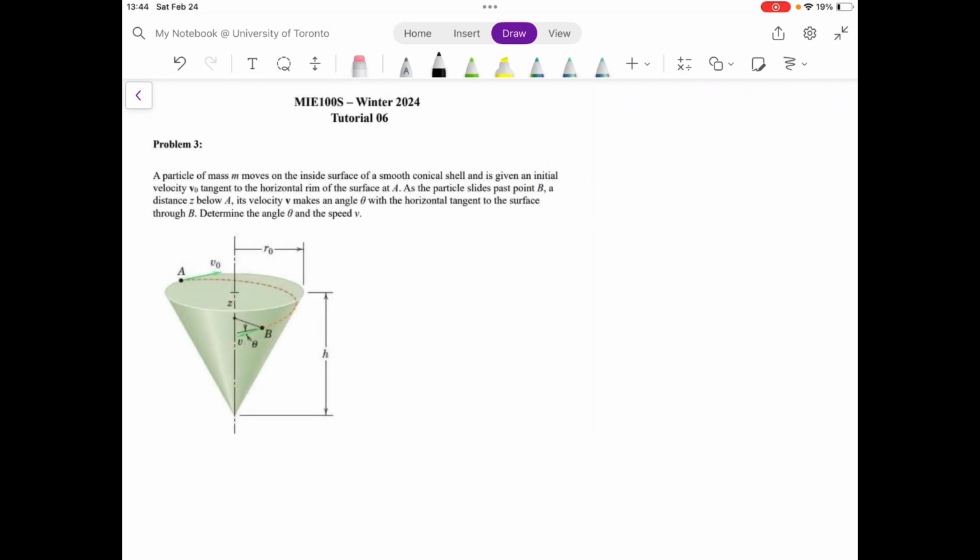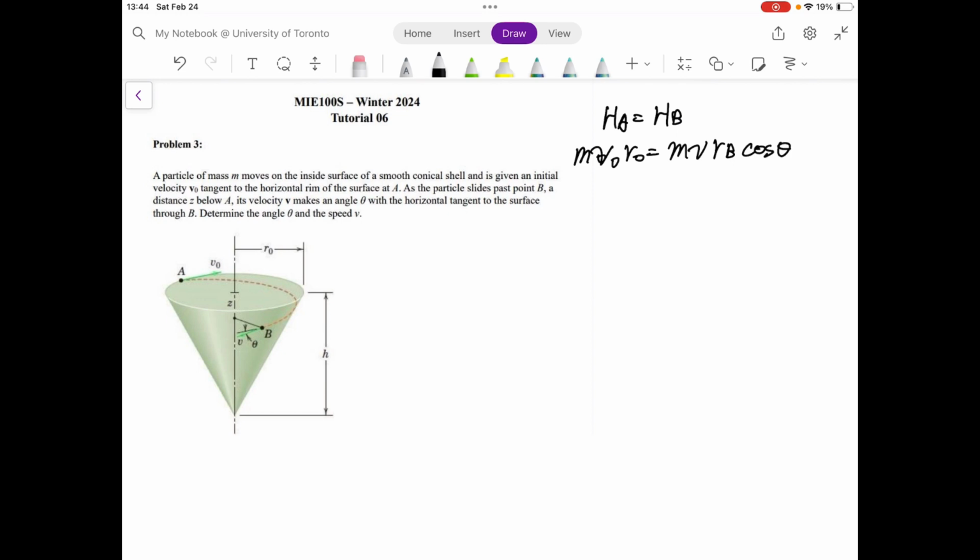Question number 3. A particle moves on the inside surface of a smooth shell and is given an initial velocity vO tangent to the horizontal rim of the surface at A. We need to determine the magnitude of the velocity at B as well as the angle theta. Because there is no external moment acting on the system, we say HA is equal to HB. The angular momentum is conserved. So m vO rO is equal to m v rB cosine theta.